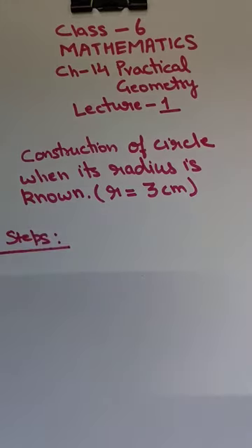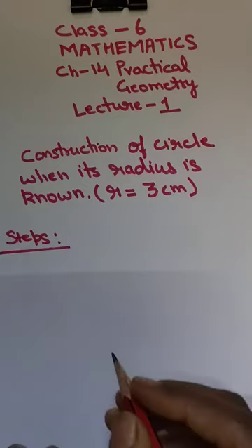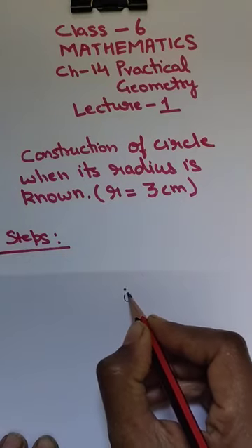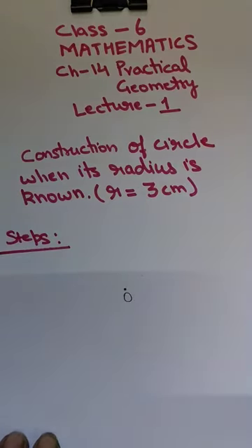Steps are: first, mark a point O. Wherever you want the circle, mark the point O as the center of the circle.